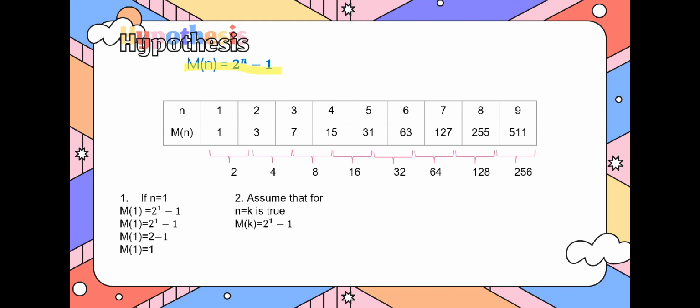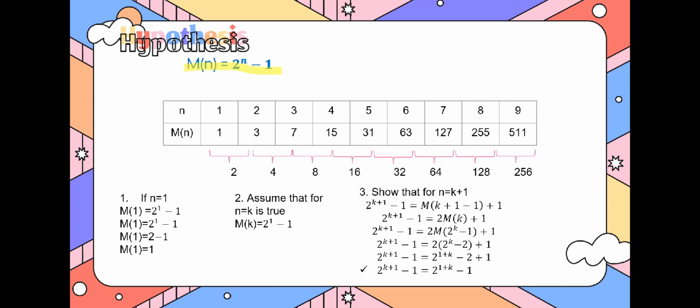Then our next step is to assume that n equal to k is true. So M of k is equal to 2 raised to k minus 1. Then to show that it holds for n equal to k plus 1, we have to show 2 raised to k plus 1 minus 1 is equal to 2 multiplied by M of k plus 1, that is 2 times 2 raised to k minus 1, plus 1.